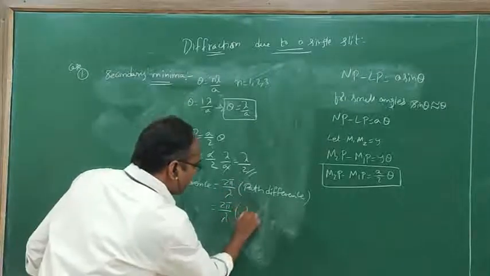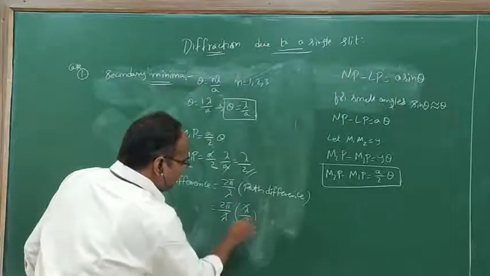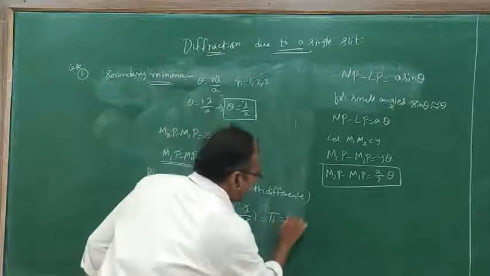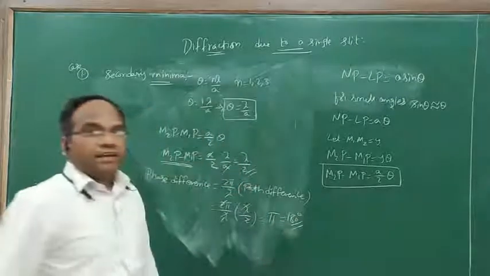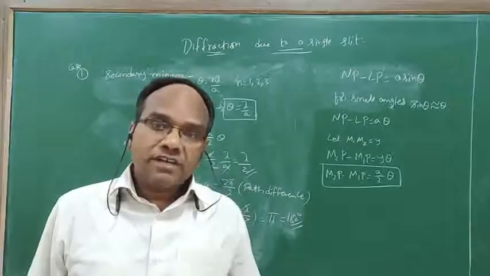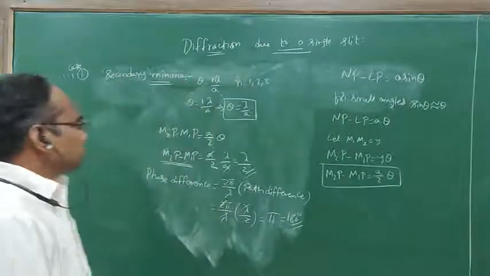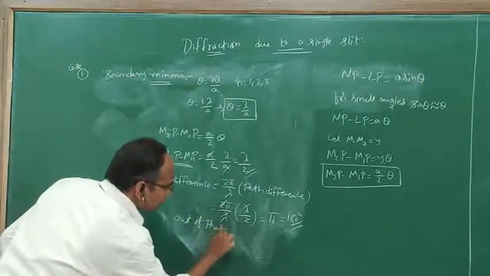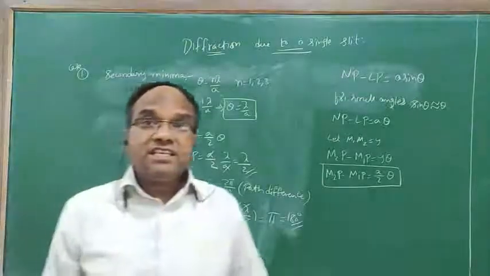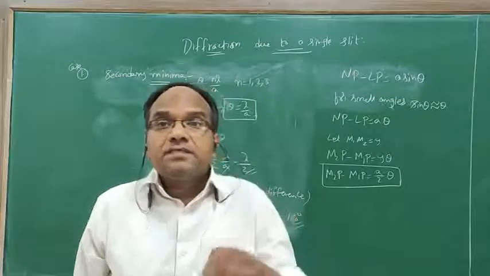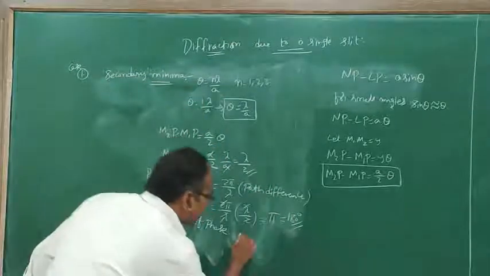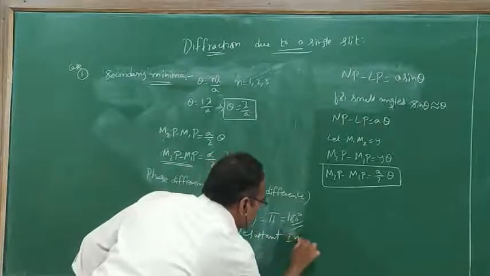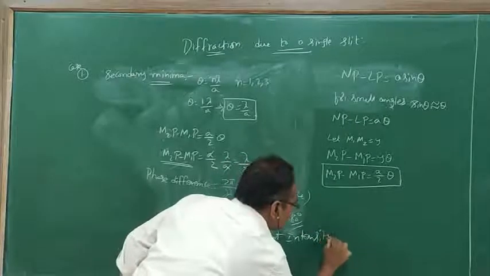Path difference is lambda by 2. Lambda cancels, 2 cancels. Therefore, it is pi, which is 180 degrees. 180 degrees means it is out of phase. It means the resultant intensity is minimum. The resultant intensity is 0.